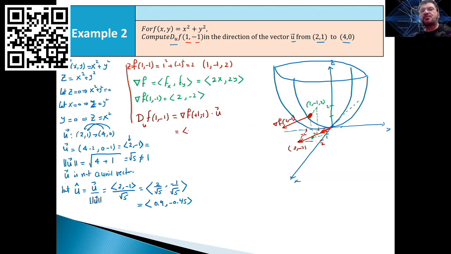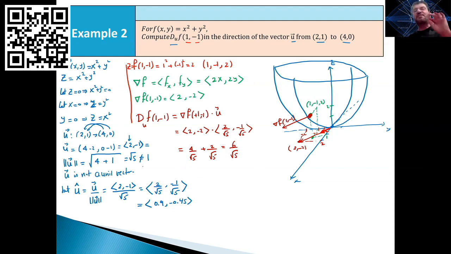The gradient, we found it to be 2 and -2, dot u, which is 2 over √5 and -1 over √5. If you multiply, 2 times 2 is 4 over √5, then -2 times -1 is 2 over √5, and this is 6 over √5.